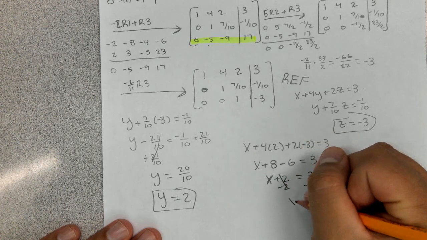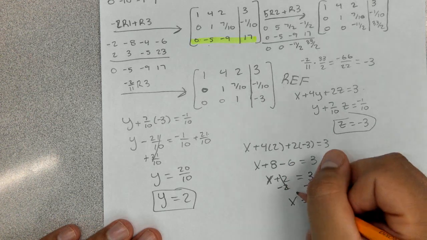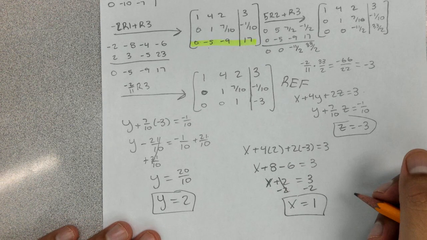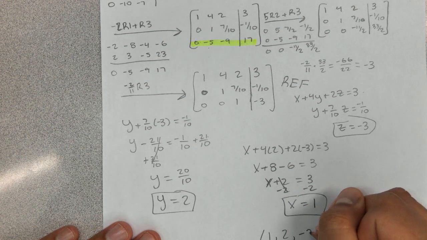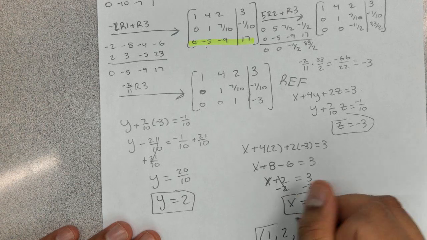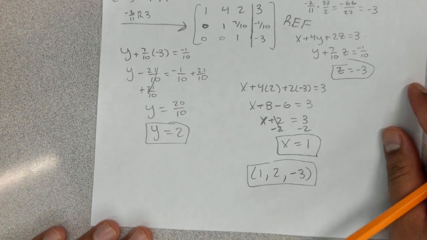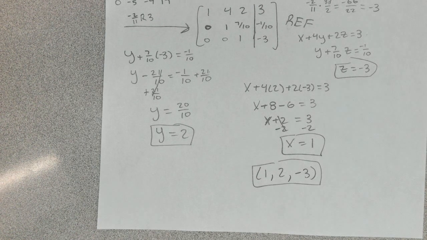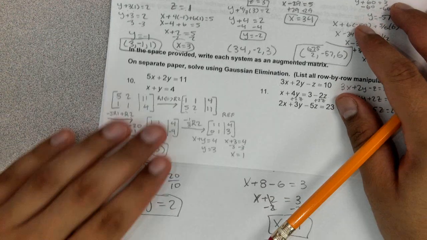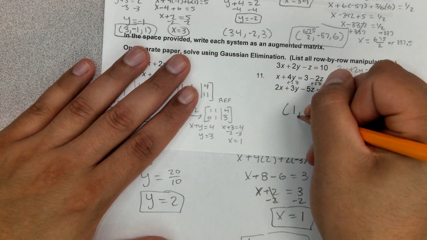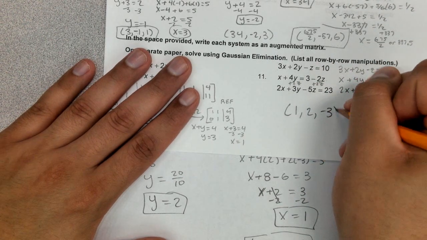Subtract the 2, we end up with x equals 1. Alright, so the solution is going to be 1, 2, negative 3. So for number 11, 1, 2, negative 3.